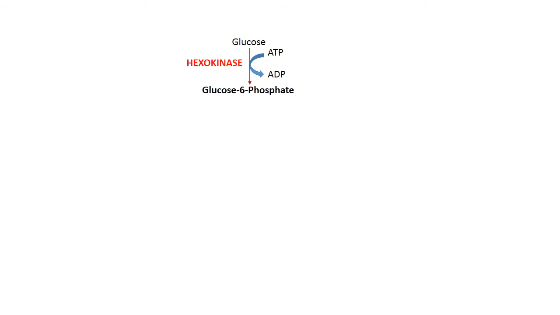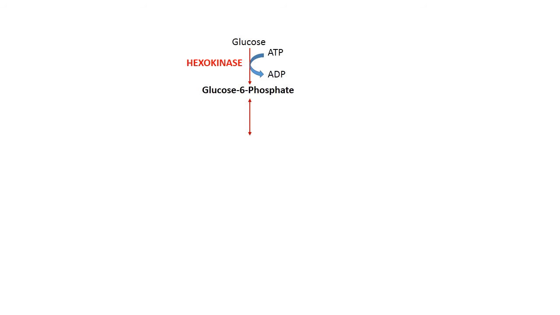Some of you may get confused, since in the initial slides I said that it does not require ATP. This is the first step of glycolysis too, so this has no direct relation to the HMP shunt.